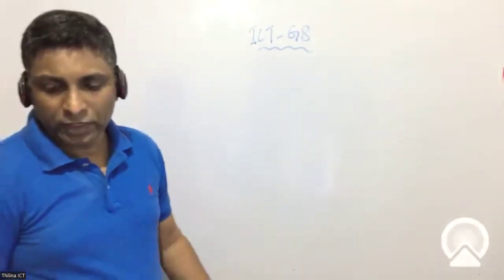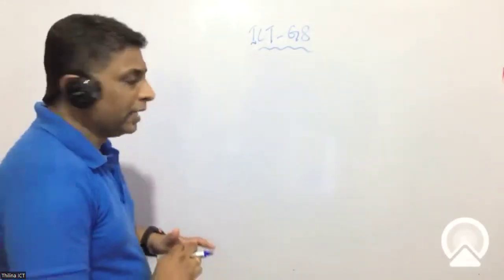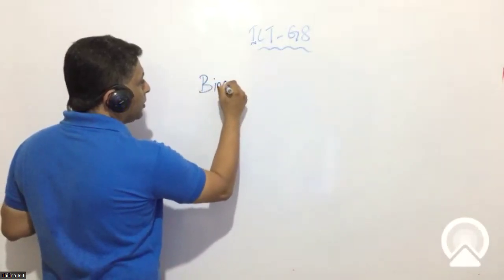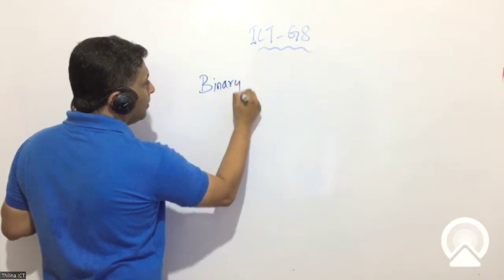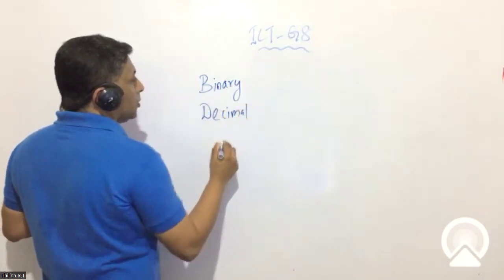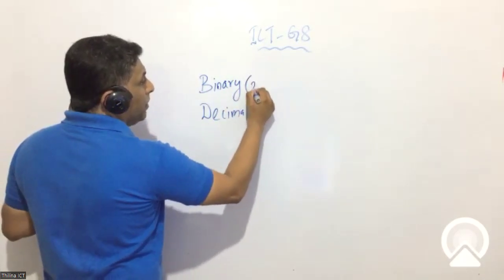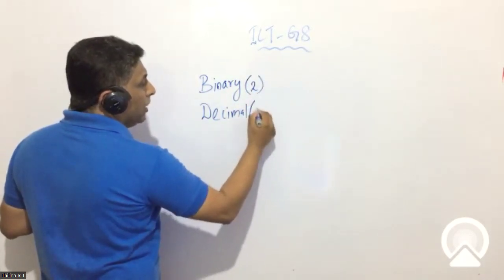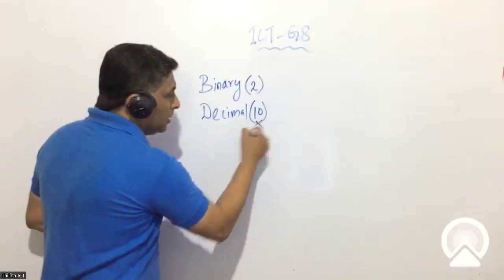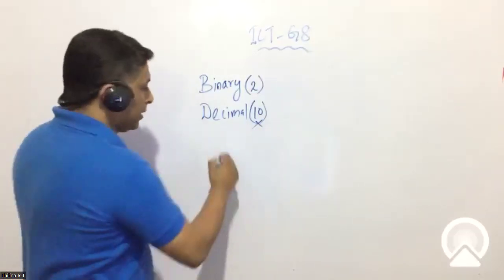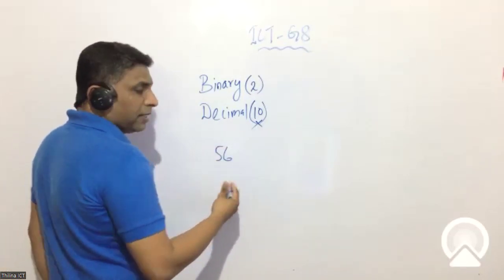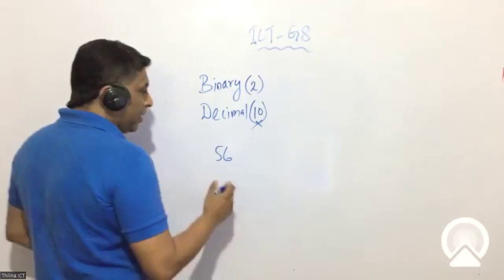So let's see the binary number system. We have to study binary and decimal. Binary represents base 2, decimal represents base 10. Usually we don't state the base, if you take, let's say, 56, because that's our standard.